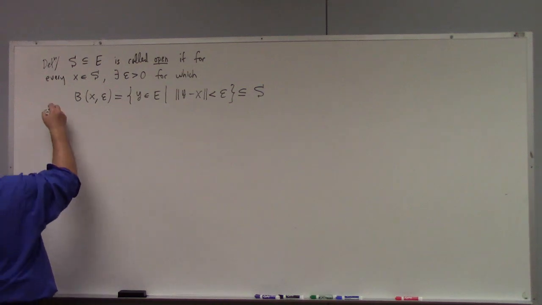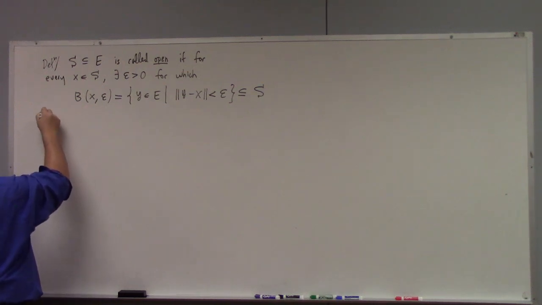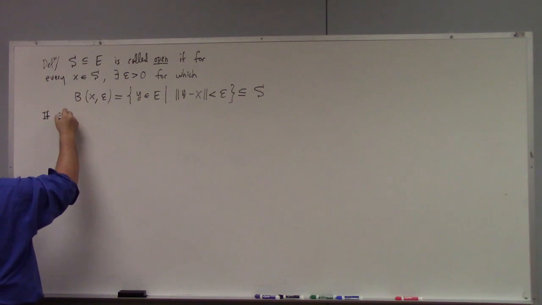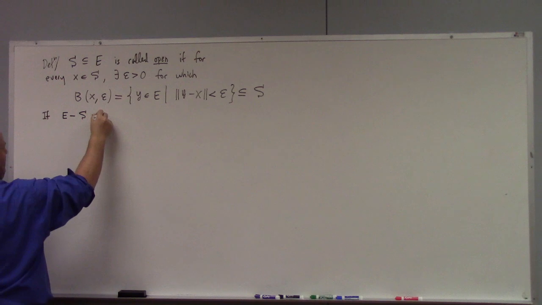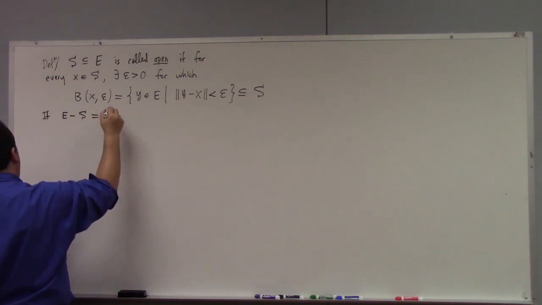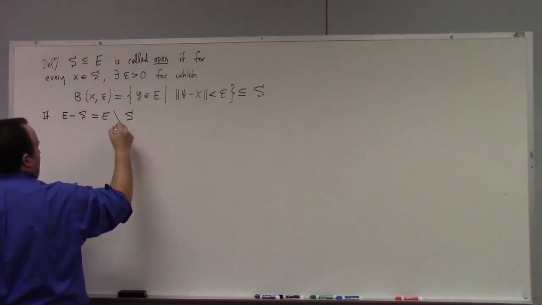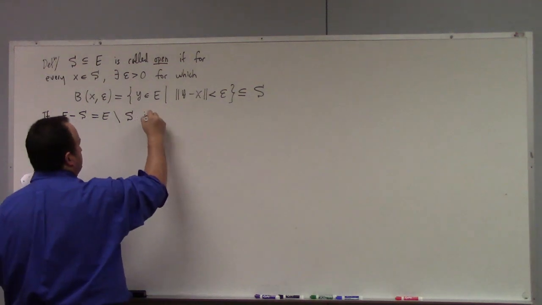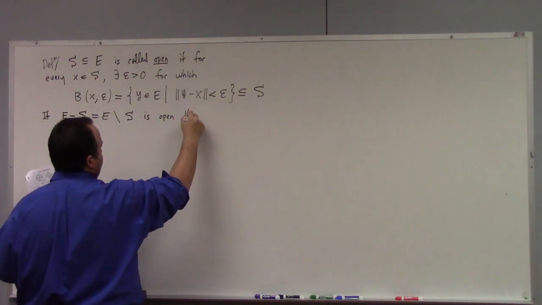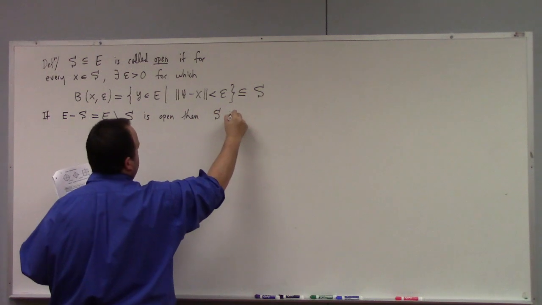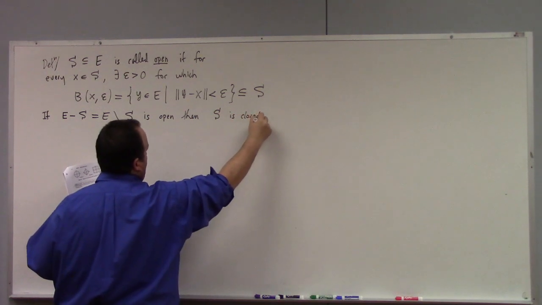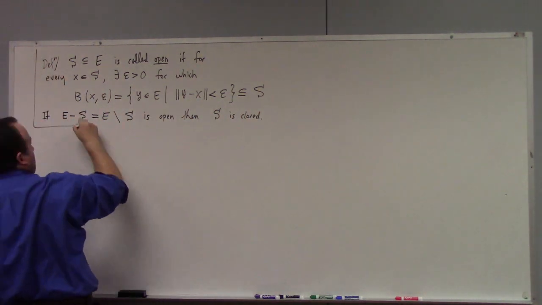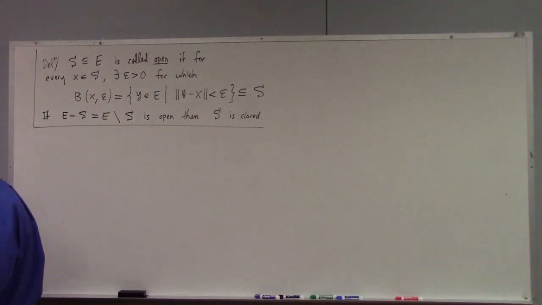And if E minus S, which I think your book writes with a different notation, I don't like that notation, I use minus for set difference, is open, then S is closed. So to say a set is closed means that its complement is open, all right?